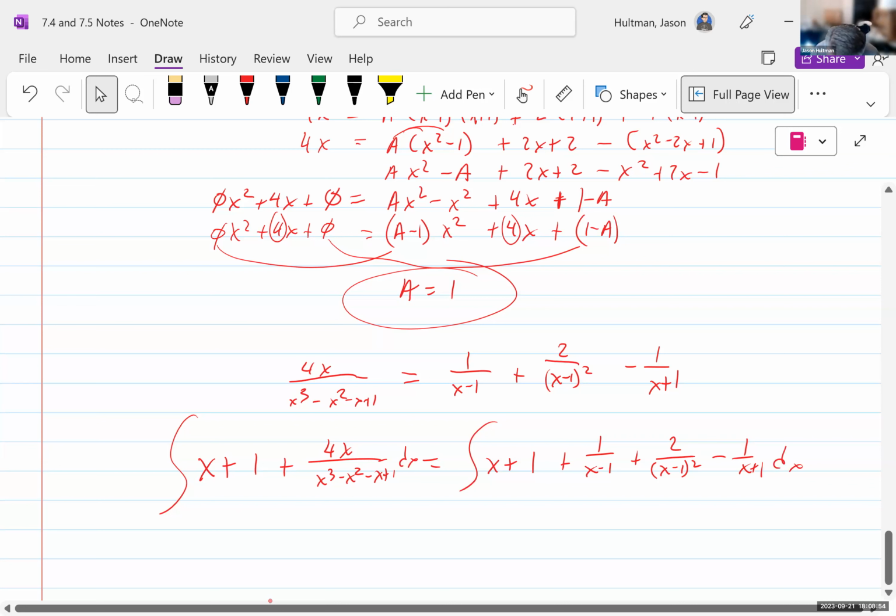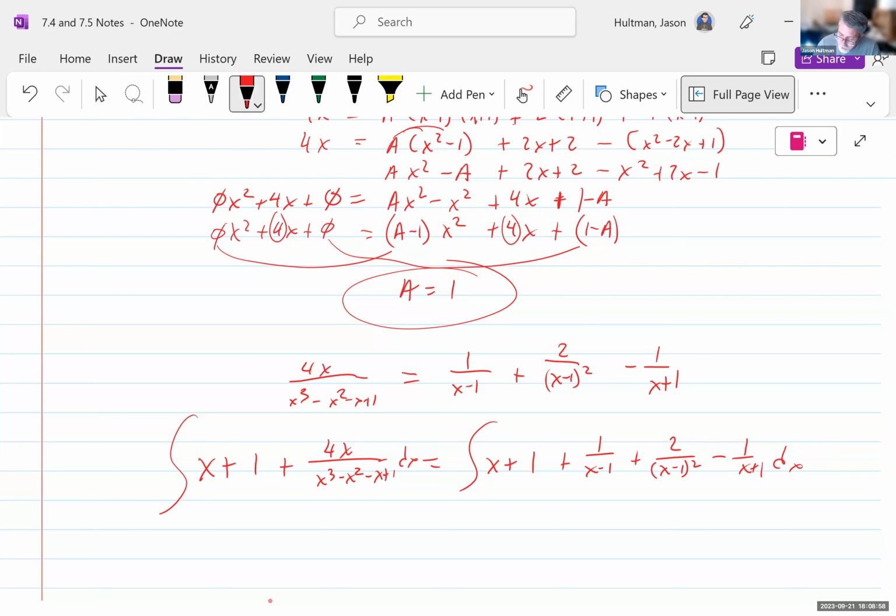So I actually end up doing 5 different integrals. Nice. I can integrate each of these terms separately. So the integral of x, that's x squared over 2. The integral of 1 is just x. Those are the easy ones. The integral of 1 over x minus 1 is natural log of x minus 1. Okay.